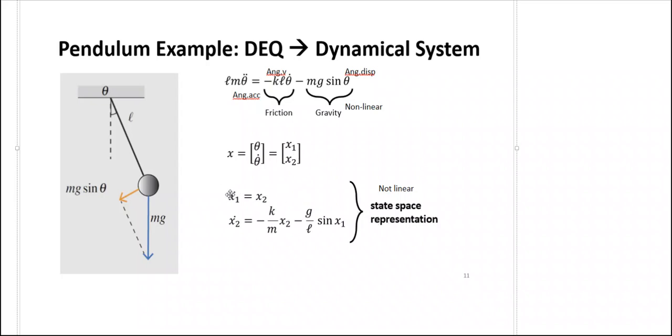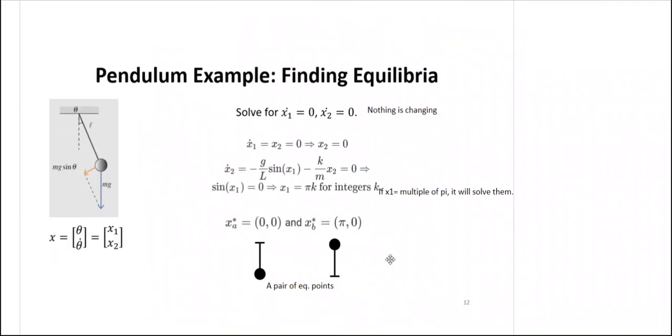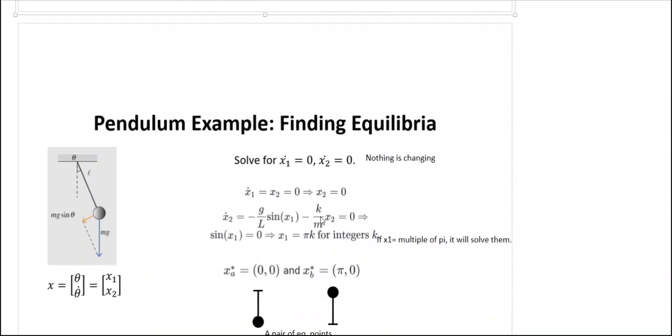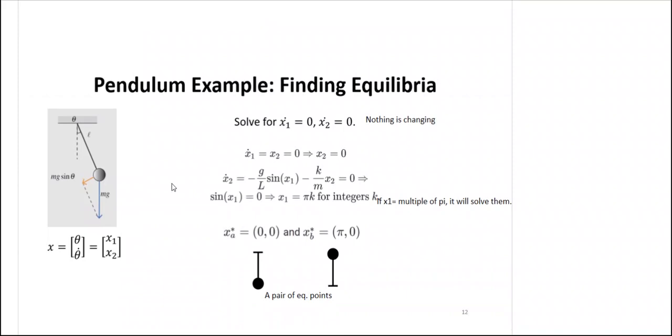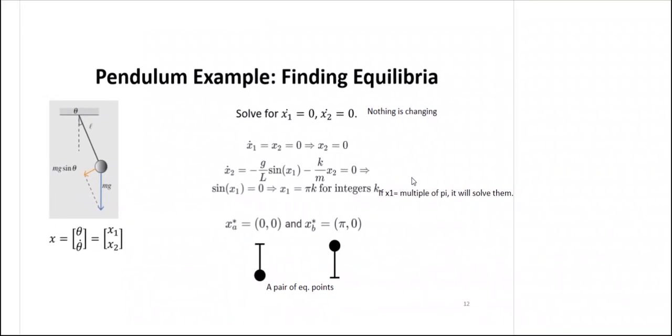We get this equation where x2 is x1 dot and x2 dot is this thing, and they're not linear. So we solve for x1 dot and x2 dot equal to 0, where nothing is changing, which is an equilibrium point, and we solve for stuff.